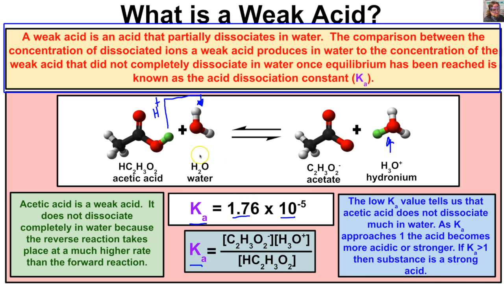And we can essentially ignore water when we're writing our equilibrium constant, or Ka expression. A weak acid, once again, is an acid that will not completely dissociate in water because the reverse reaction is favored. It's happening at a much higher rate than the forward reaction.